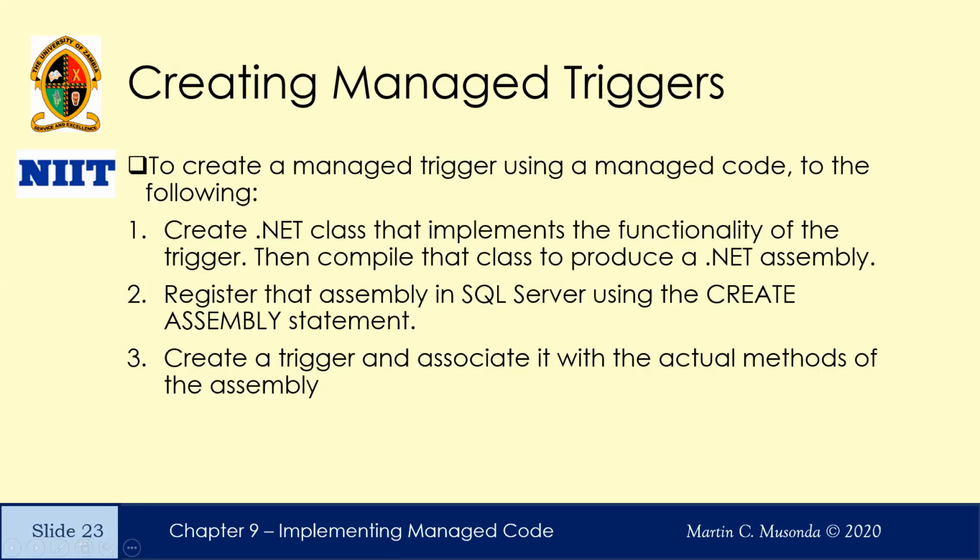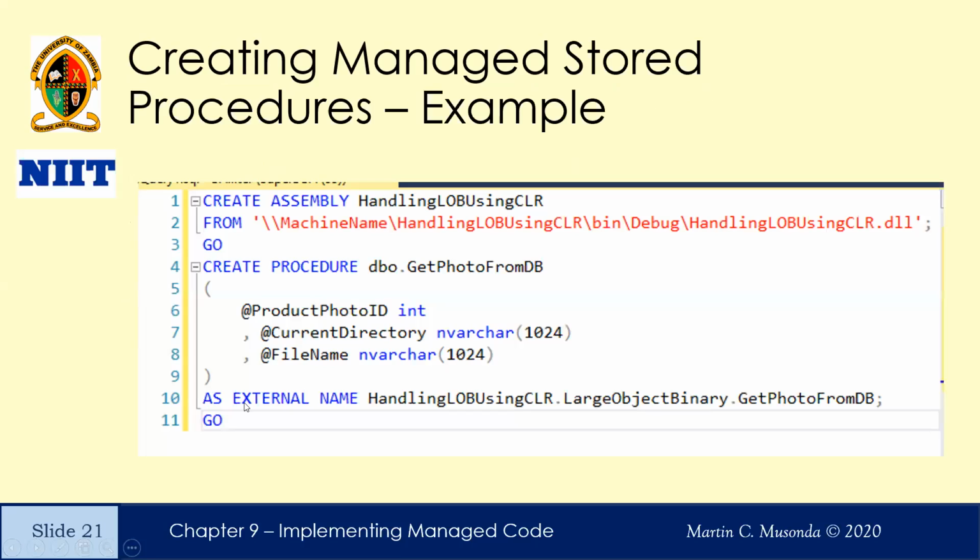And this is what we did here. This part where we say as, we are associating this object we are creating with the functionality that we have imported from this assembly, which was created here. This part.